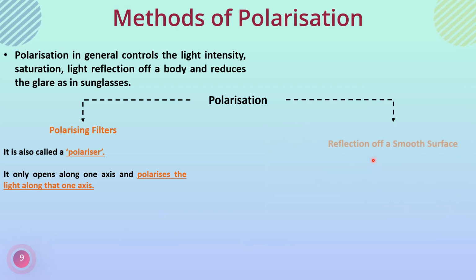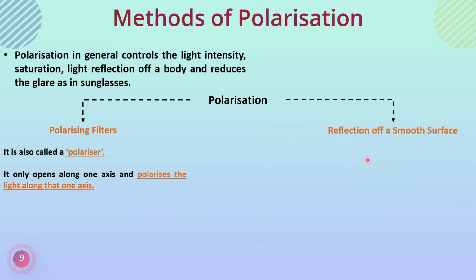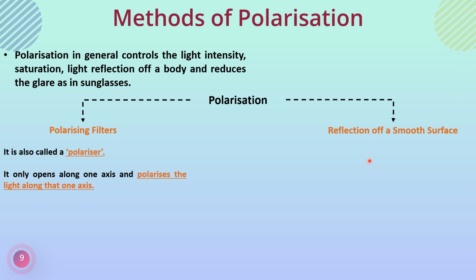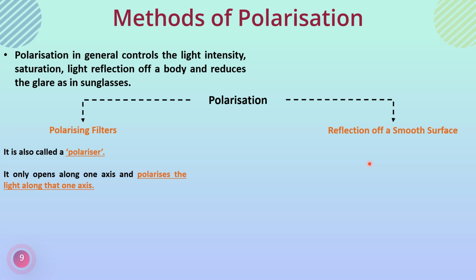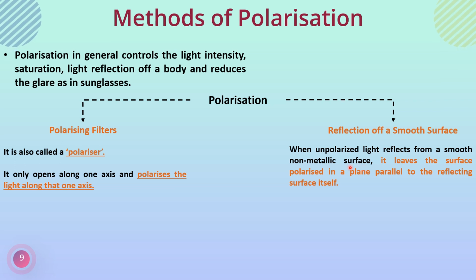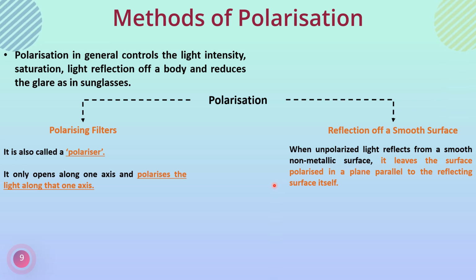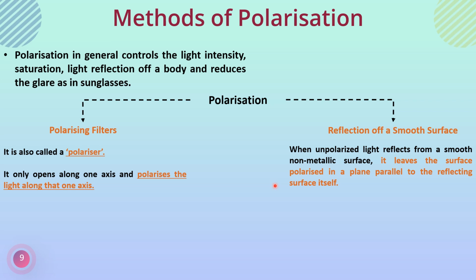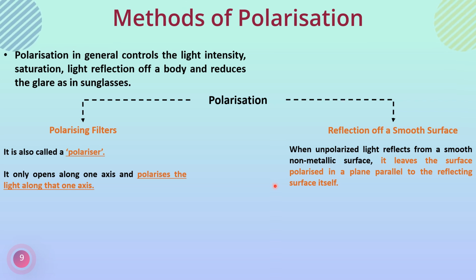Let's move on. What is the other method? The reflection from a smooth surface, such as the water surface. Well, what happens exactly? When light reflects from a smooth surface, such as the water surface, it is polarized.